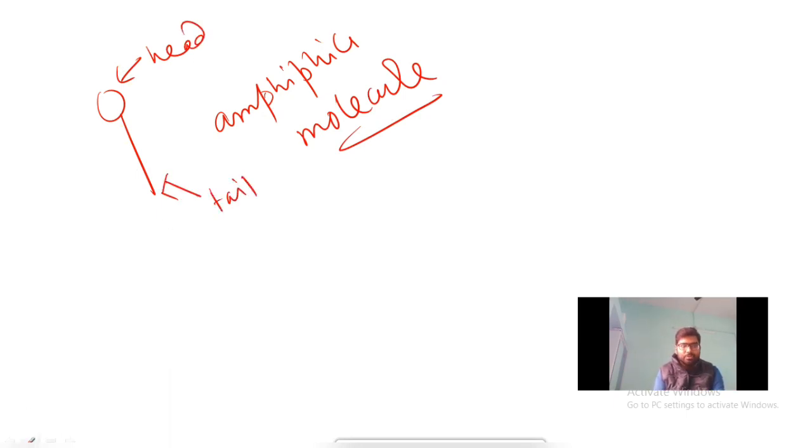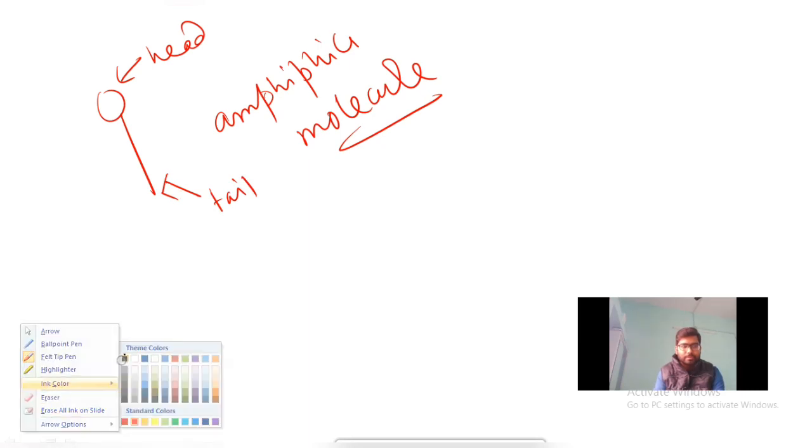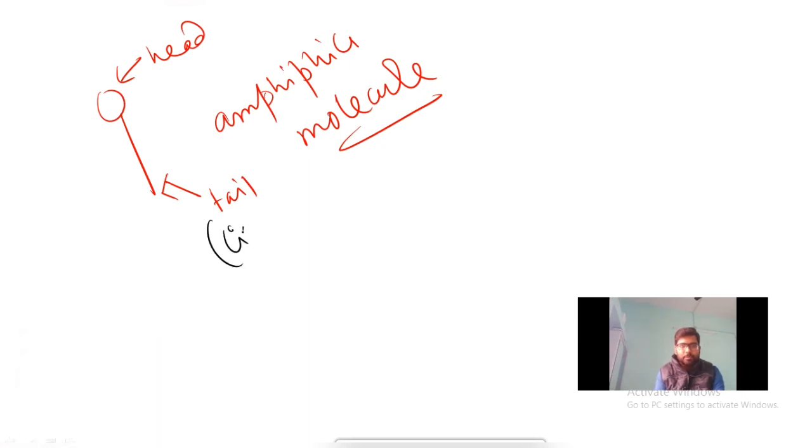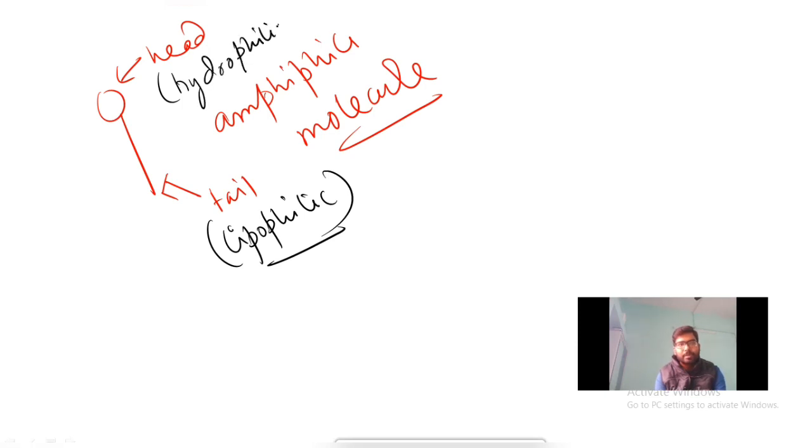The tail portion is lipophilic in nature, and the head portion is hydrophilic in nature. That means the head is water loving, and the tail is water hating, I mean lipophilic, oil soluble. The tail portion is easily soluble in oil.